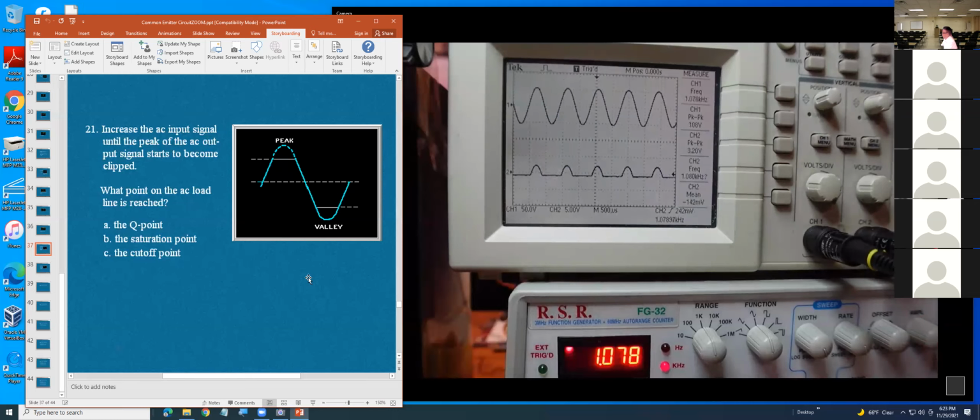Let's see, generator now connect into the generator. Okay.